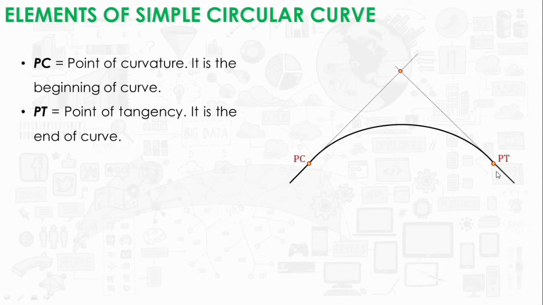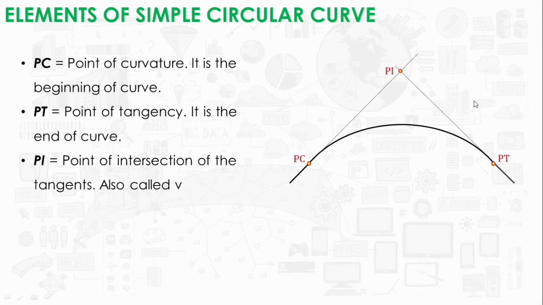And this one, where the two tangent lines intersect, is called PI, or the point of intersection. It is also known as the vertex. Based on the theory of the circle, any tangent on a circle is always perpendicular to its radius.